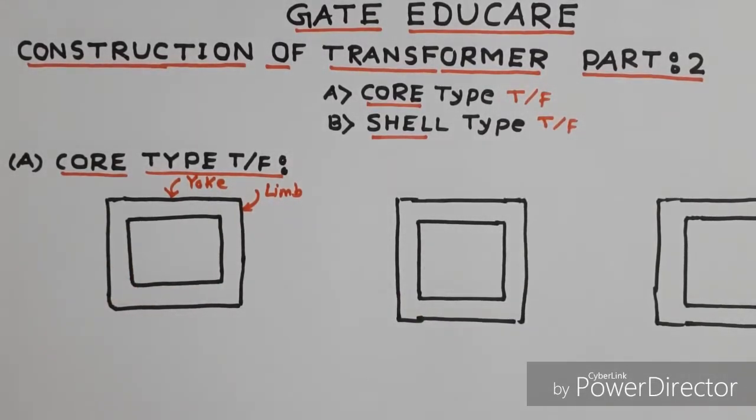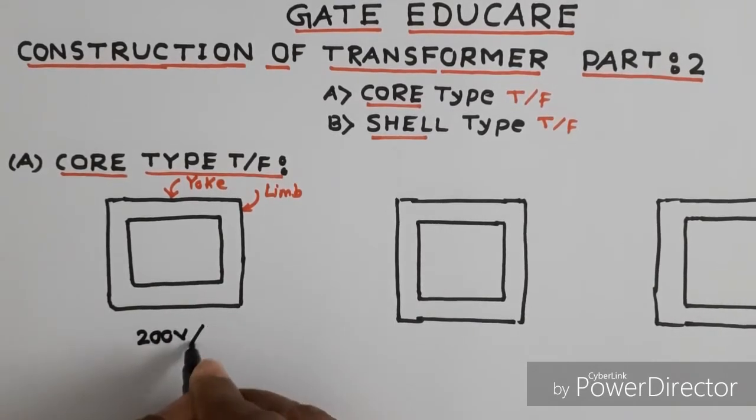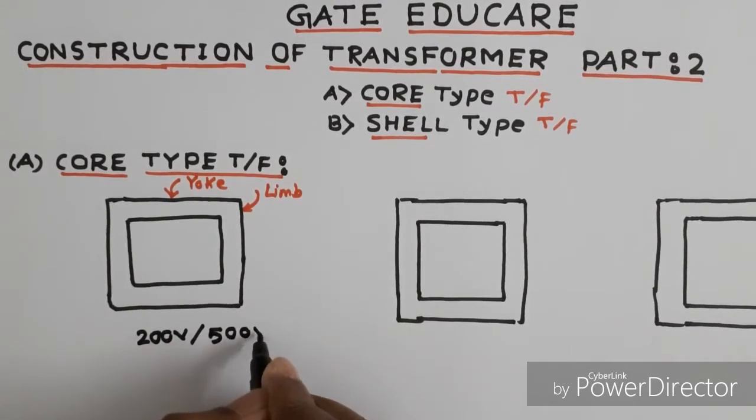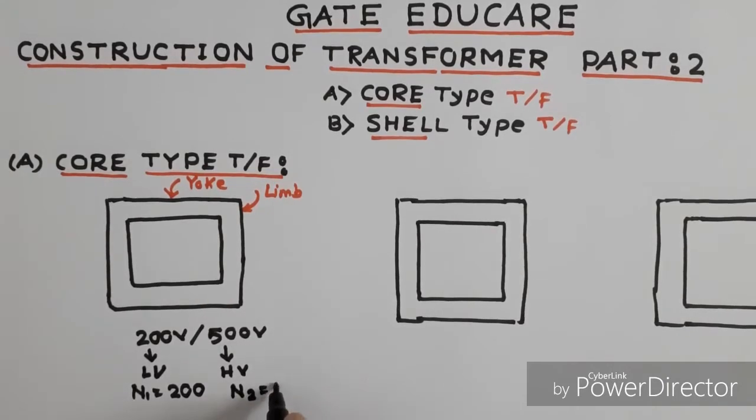Now, in the transformer, there are two windings. Suppose this is a 200 volt by 500 volt transformer. 200 is the LV winding and 500 is the HV winding. The LV winding has N1 equal to 200 number of turns and the HV winding has N2 equal to 500 number of turns.